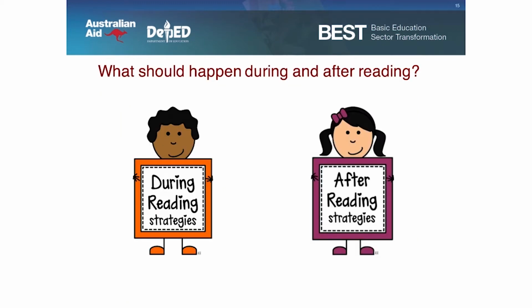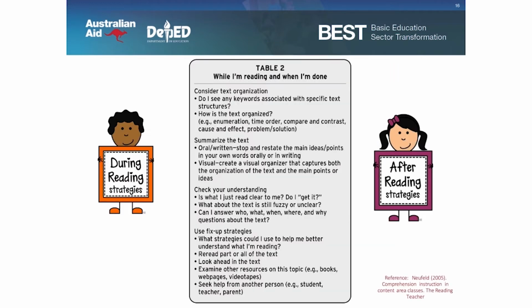Okay, so important is the modeling part. Now, we move to the during reading and after reading strategies. When the student is now reading, aside from doing read alouds or think alouds, you have to remind them to, number one, we talked about this earlier, consider text organization.